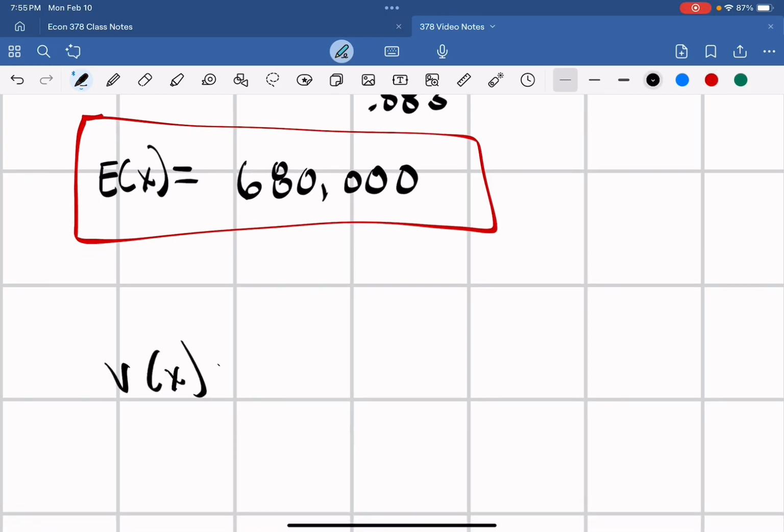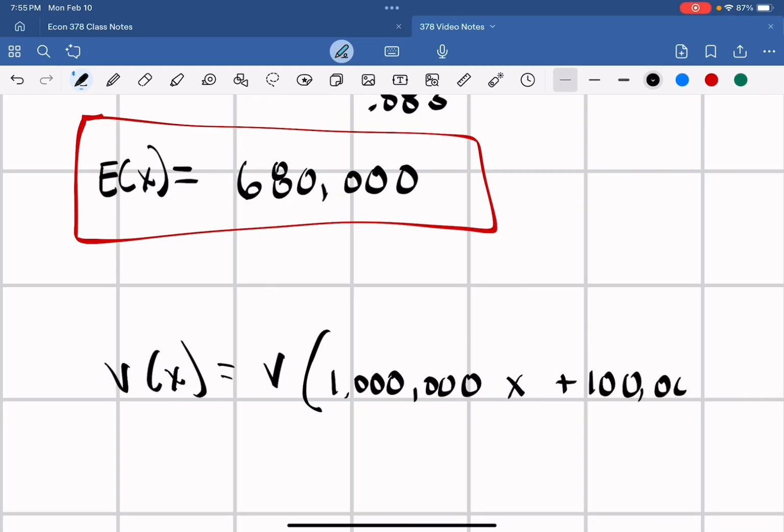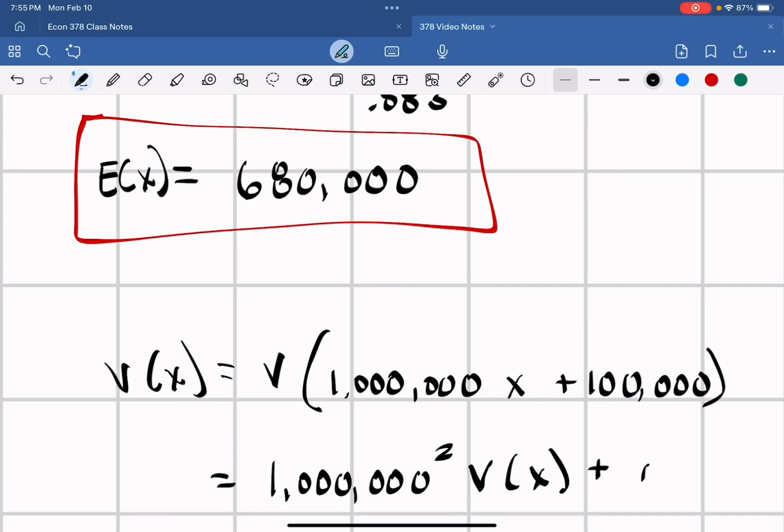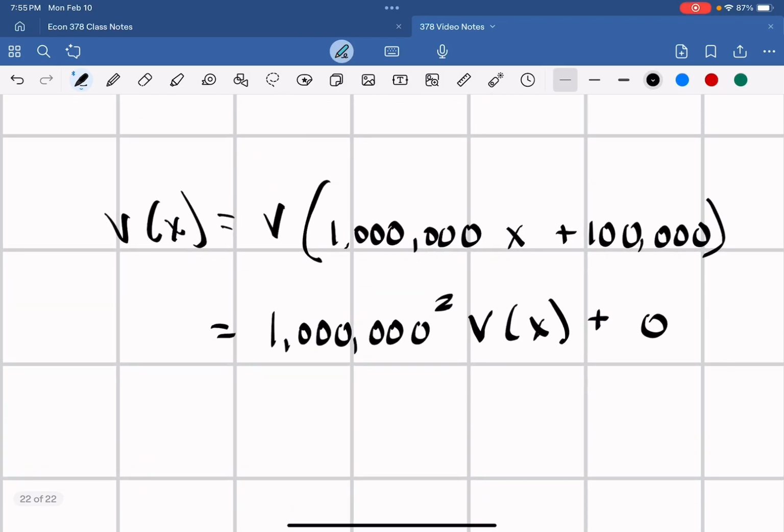So the variance of 1,000,000 x plus 100,000 would be 1,000,000 squared times the variance of x plus 0. And now the variance of x is equal to 0.26 squared.